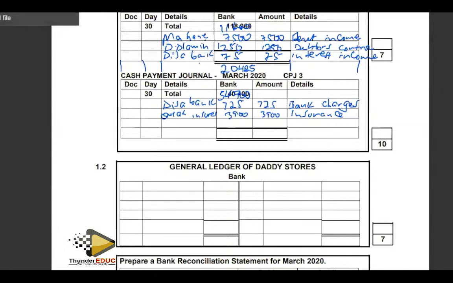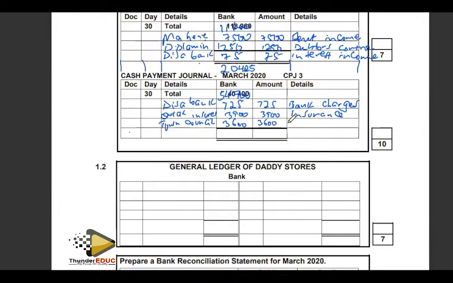Whom were they paying for? Town council, okay. Water and electricity here. The details we are going to say town council, okay. Town council, we paid them 3,600.